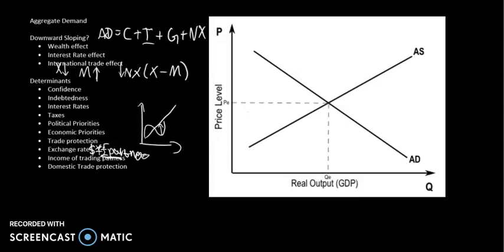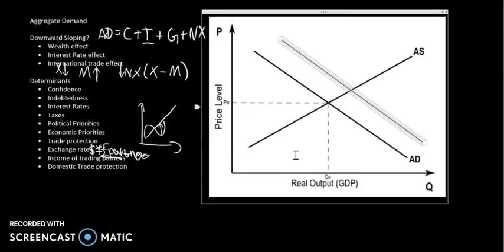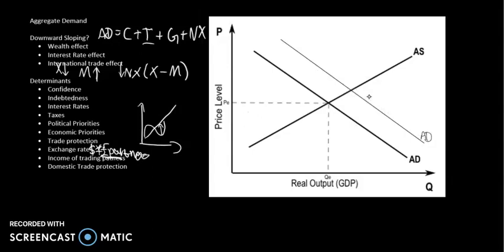Other than that, guys, actually, I should probably cover this. If there's an increase in aggregate demand, it will look something like this. Aggregate demand would shift this way, whereas a decrease in aggregate demand would mean like that. As you can see, macroeconomic equilibrium is established when aggregate demand equals aggregate supply.